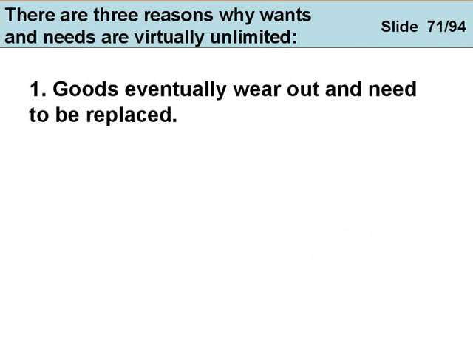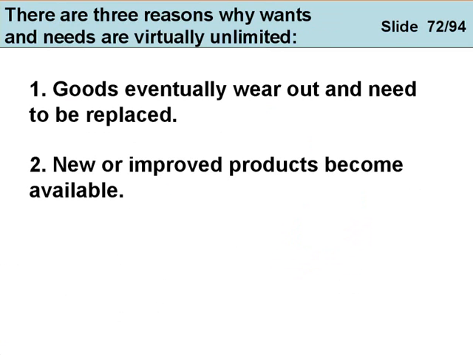There are three types of wants that we can identify. First of all, goods eventually wear out, so we need to replace the goods. Well, that's pretty straightforward. Sometimes new goods or improved goods become available, so we want to upgrade our goods.